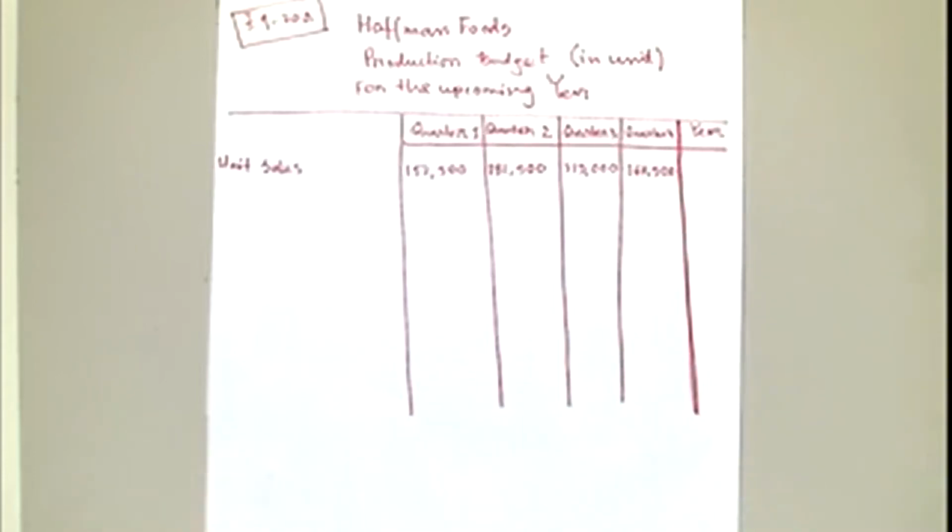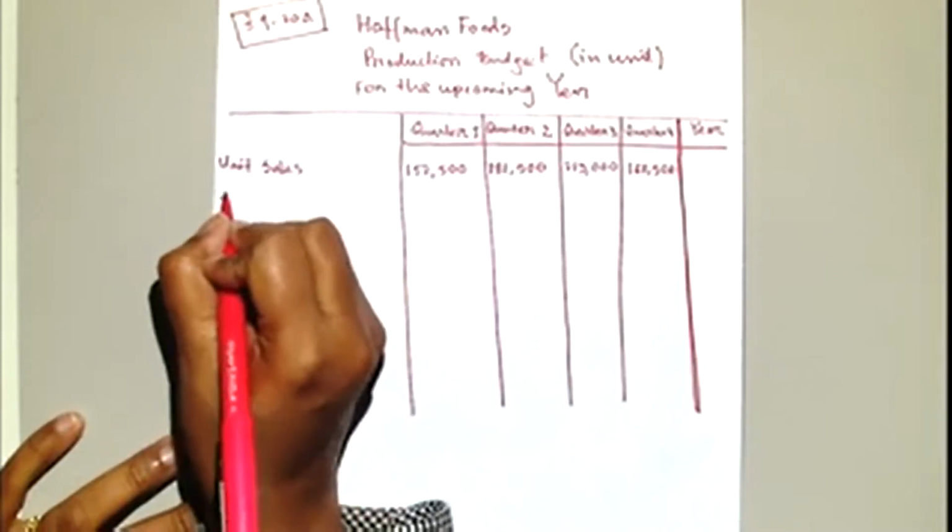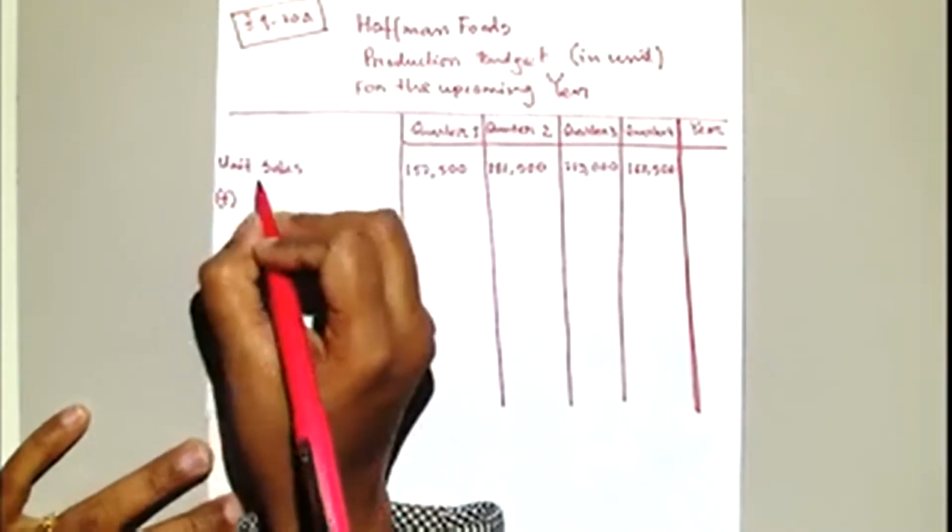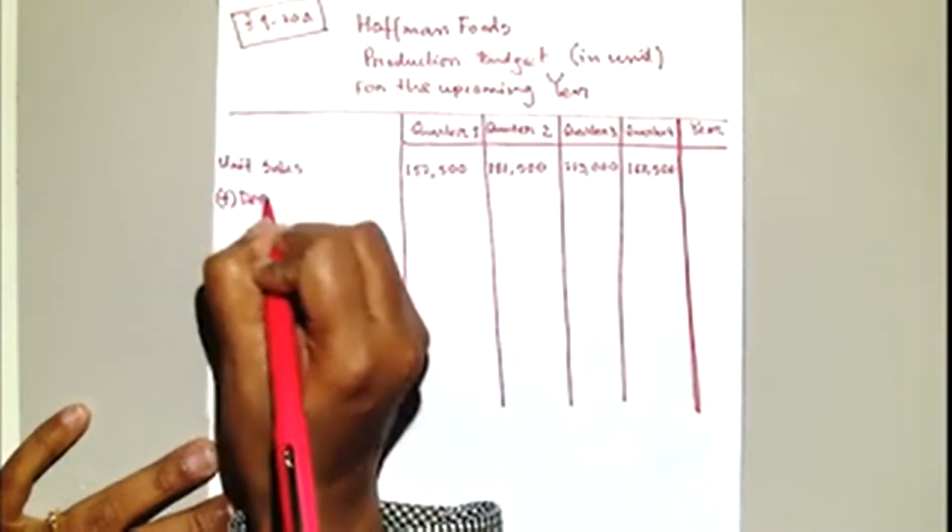Right. Now, this is the unit you want to sell. These jars you must produce. Then you want to save some extra jars as ending inventory. So, you will add your desired ending inventory.